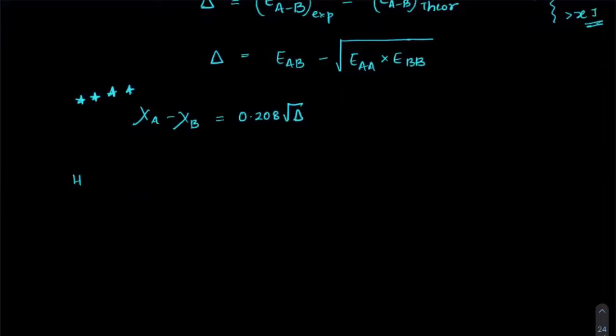Electronegativity of all the elements according to the Pauling scale is measured with respect to hydrogen, and hydrogen was given as 2.1.